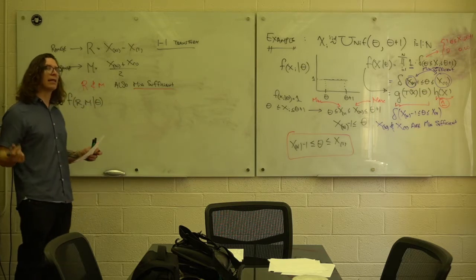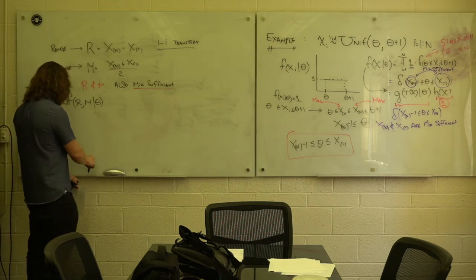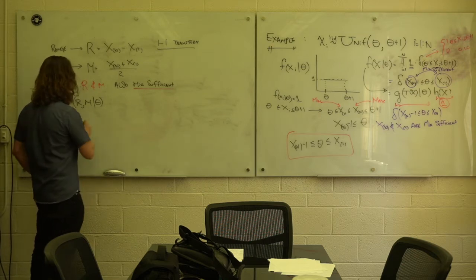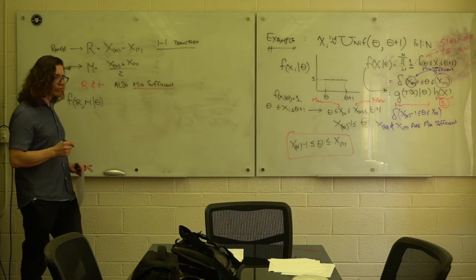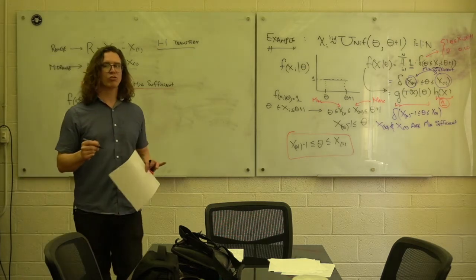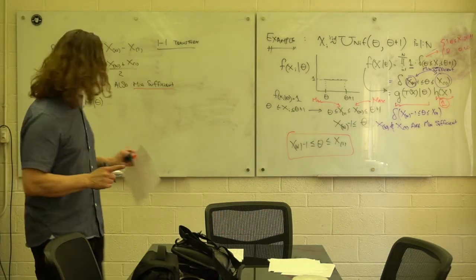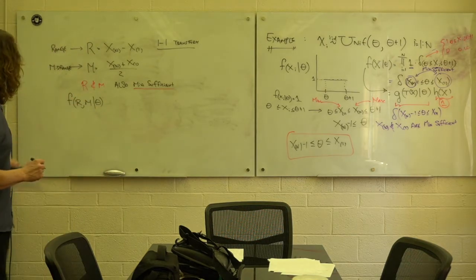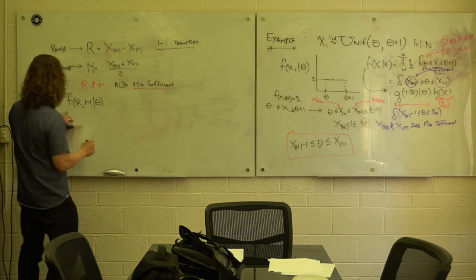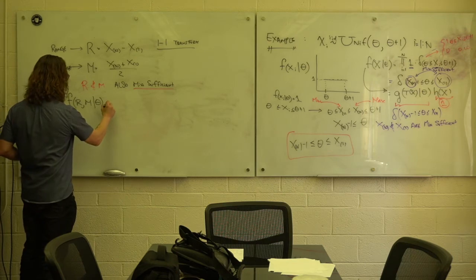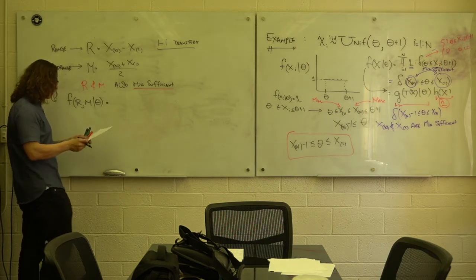You can go back to that lecture and rewatch it if you want to see this transformation. I need to first figure out the joint distribution of the order statistics, and then I need to transform. And I would get this. And we did this in class before.